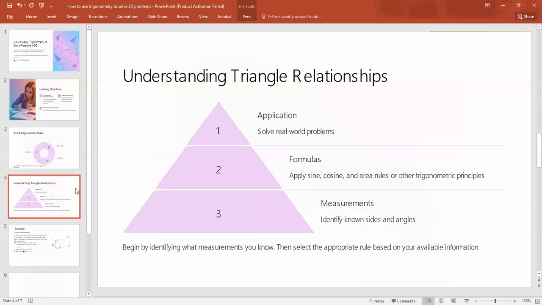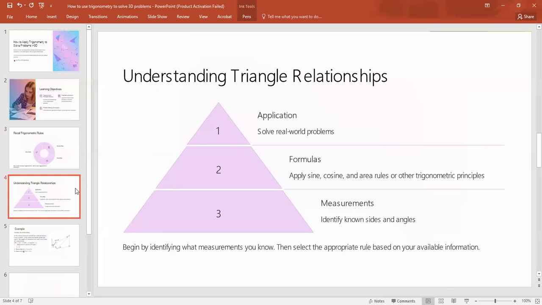When you're given a question in three-dimensional space, what you have to do is to first check what information you have, identify what measurements you have at hand, and then apply the appropriate rule based on your available information. You can apply the sine rule, the cosine rule, the area rule, or any other trigonometric principles to solve this.